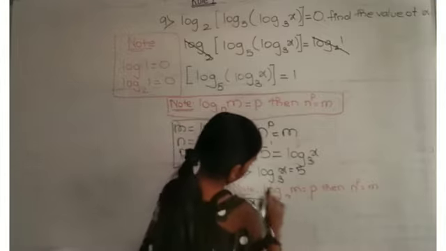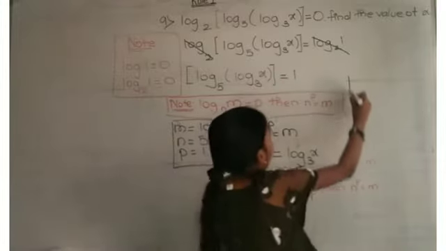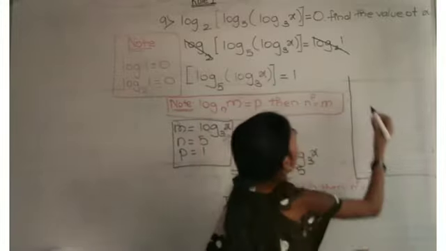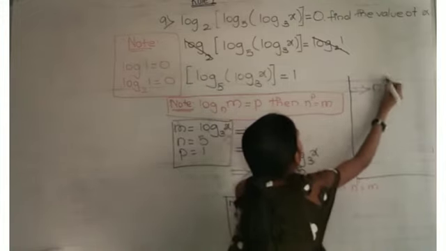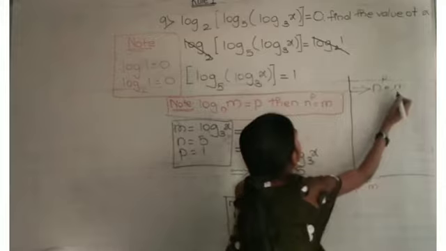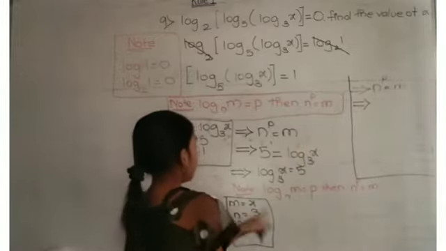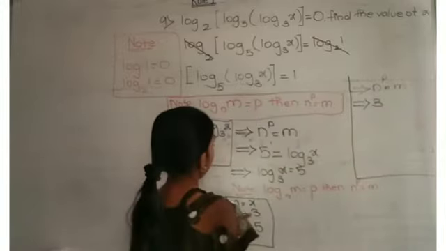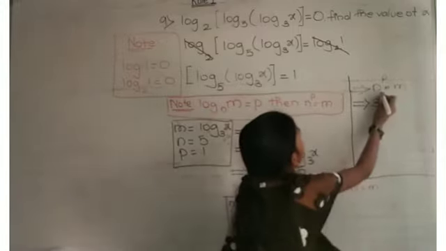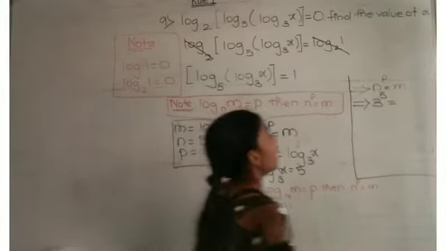Now we are going to solve. So we are going to write n raised to p is equal to m. So n value here we have got 3, so 3. P value we have got 5, so 5 is equal to m value we have got x.